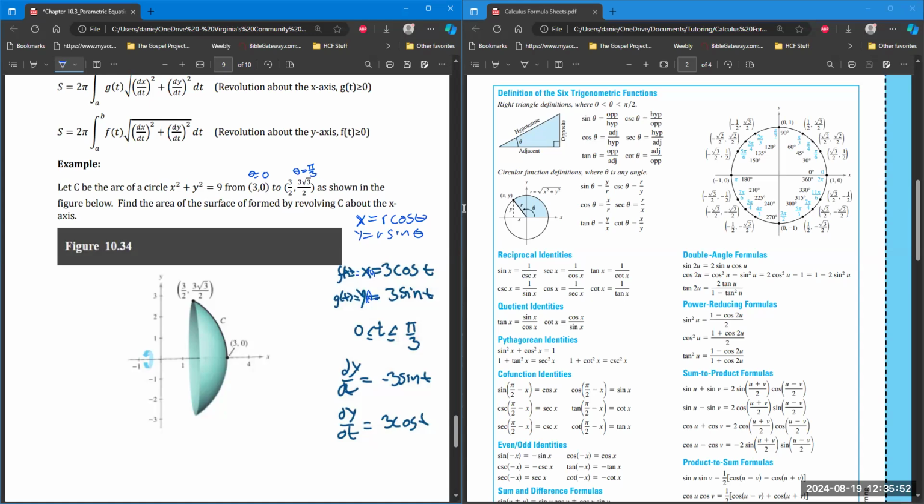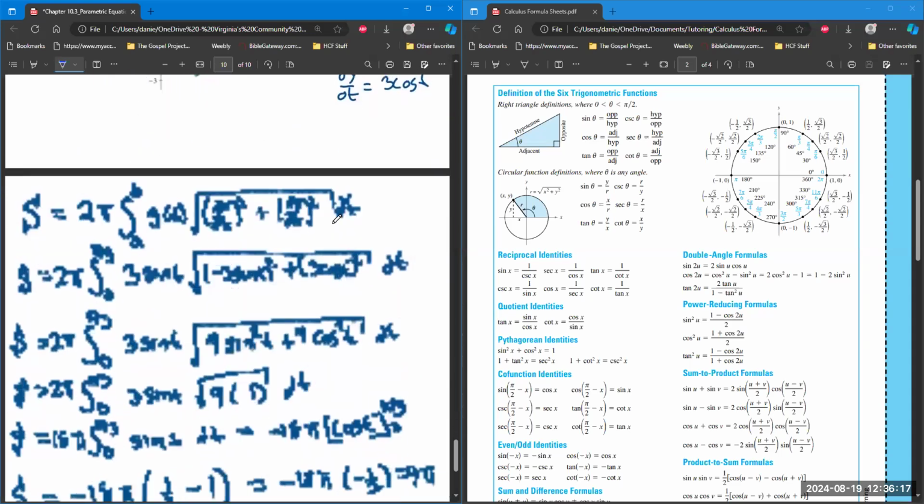That's at 60 degrees, or pi over 3 radians, and that's going to give me my bounds for integration. Same thing for my y coordinate. It's 3 times something here for sine, and I checked, and root 3 over 2 right there. So that's how I got my pi over 3.